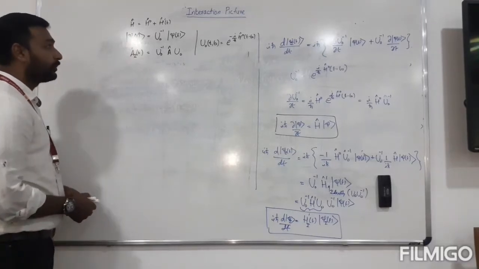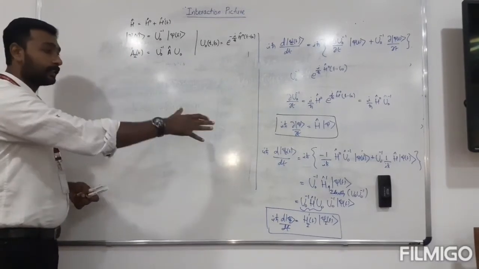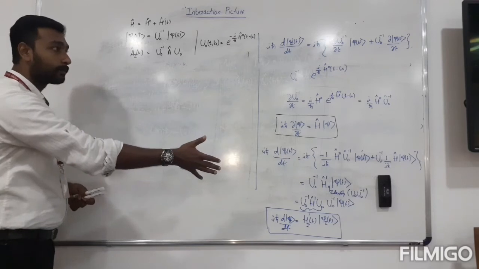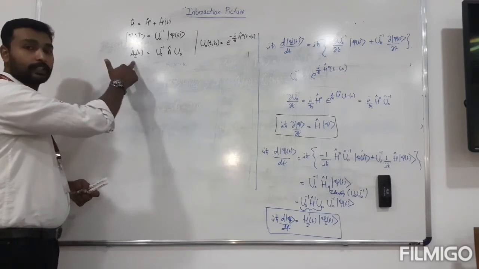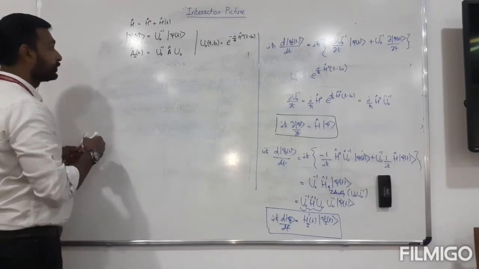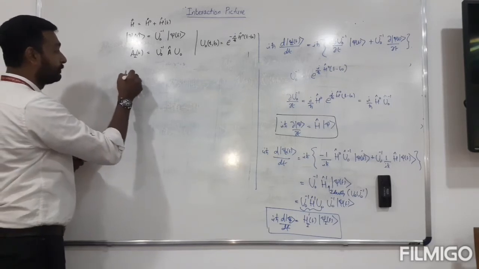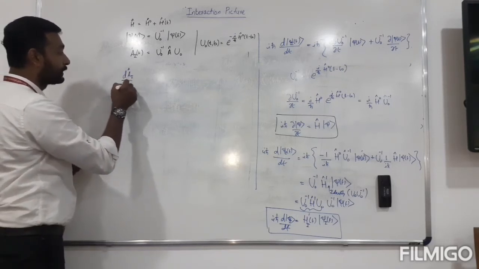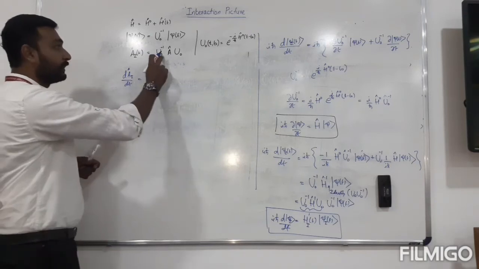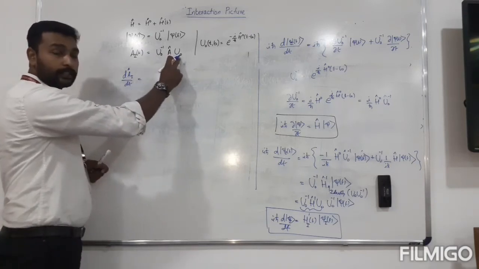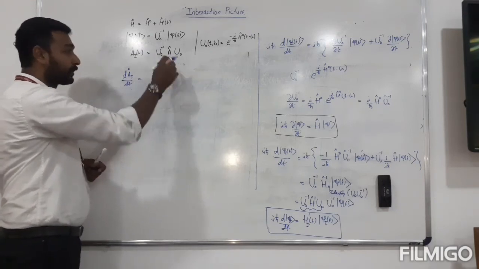In order to get the differential equation, we follow the standard procedure: we will differentiate AI with respect to time. As we have two different terms here which are functions of time, I have to use the product rule.